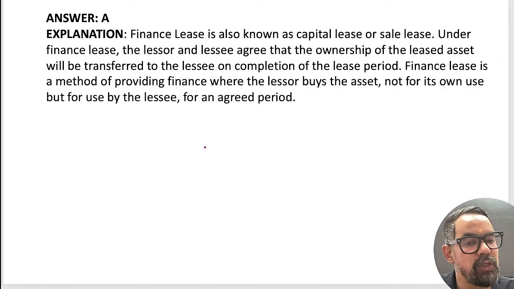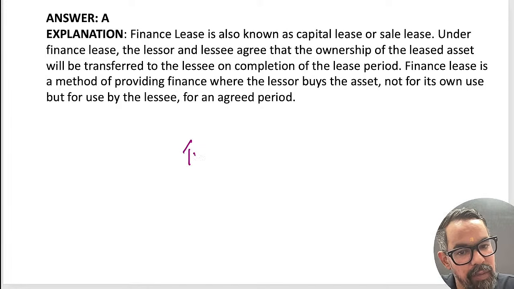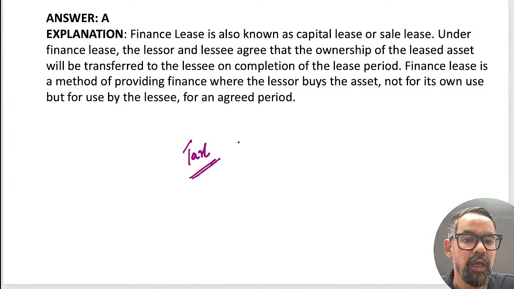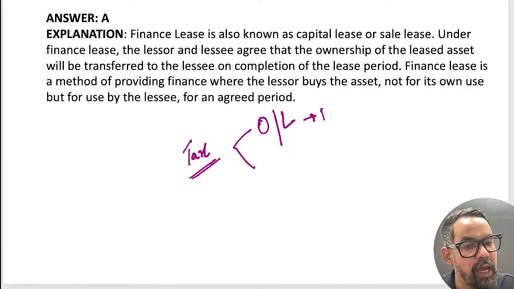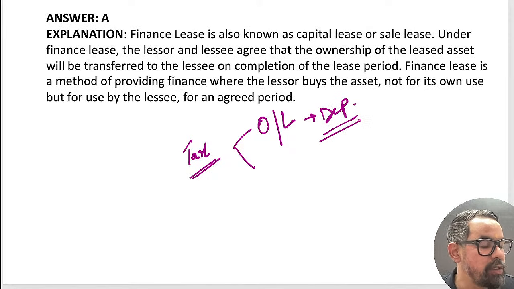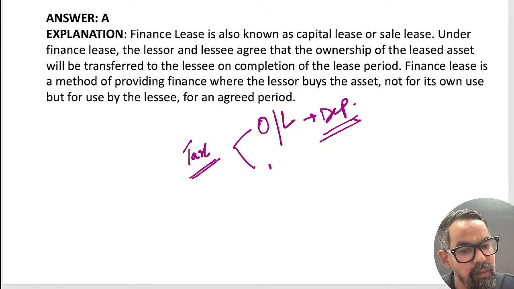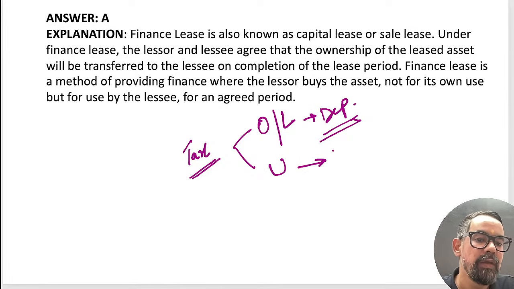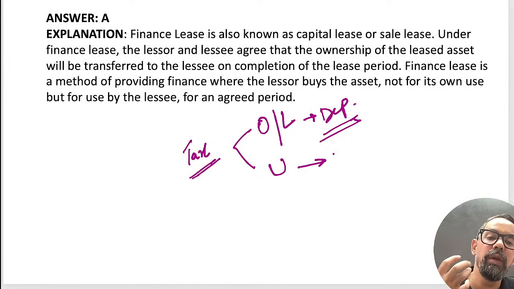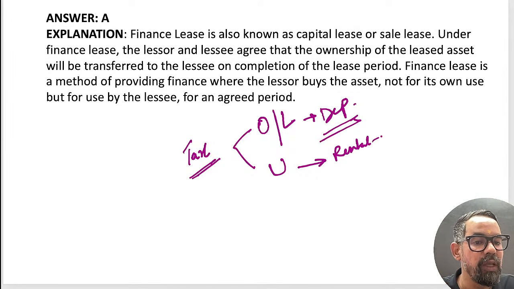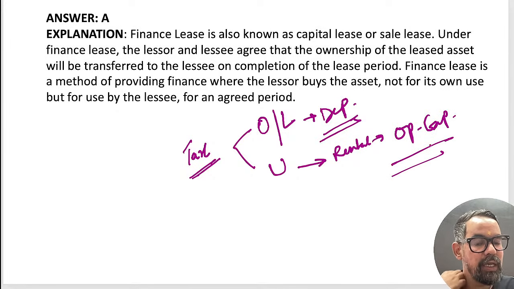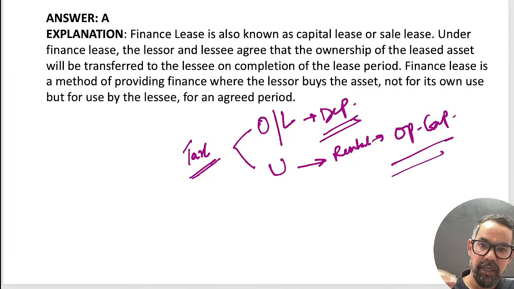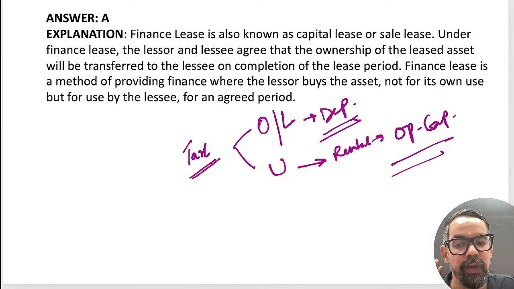See, when it comes to the tax purpose, the owner, meaning the lessor, will be charging depreciation, and the lessee, meaning the user, will show whatever rental they have paid as an operating expense. So the lessee shows an operating expense, the lessor shows depreciation in this particular case.